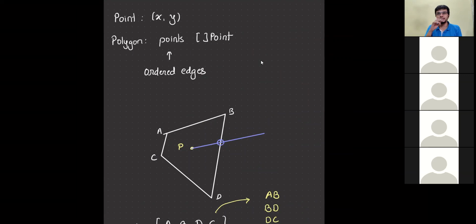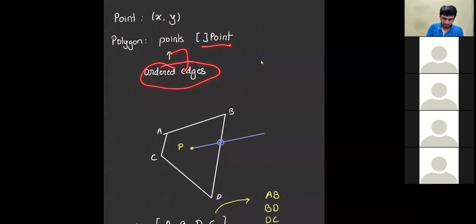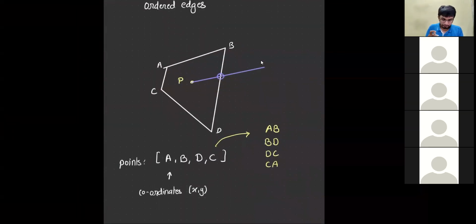A typical way to represent a polygon is using an array of points, which are ordered by edges. I'm not storing edges, but points ordered by edges. For example, if my polygon is A, B, D, C. I have deliberately flipped the other two so that it's very clear.